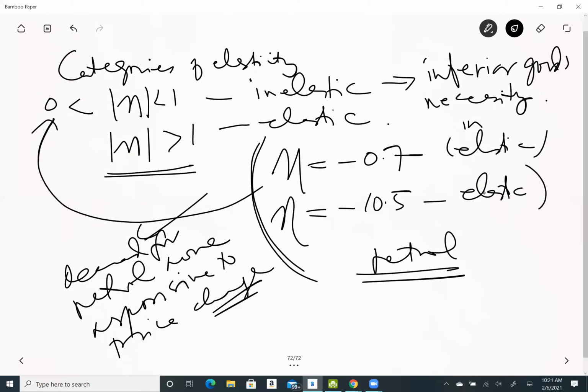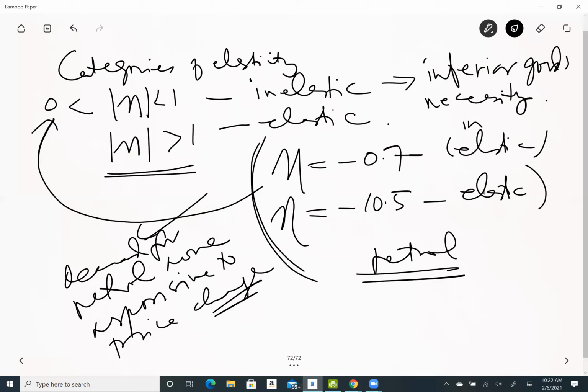Elastic, inelastic. So you don't have to worry about the unitary elasticity. That is not necessary. Okay.